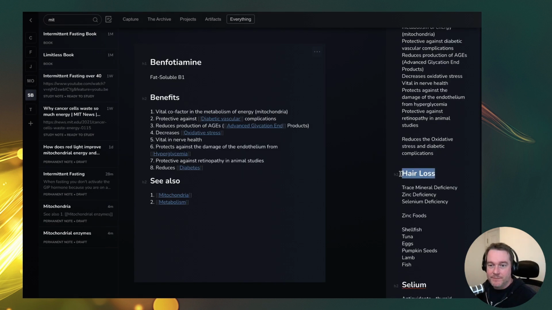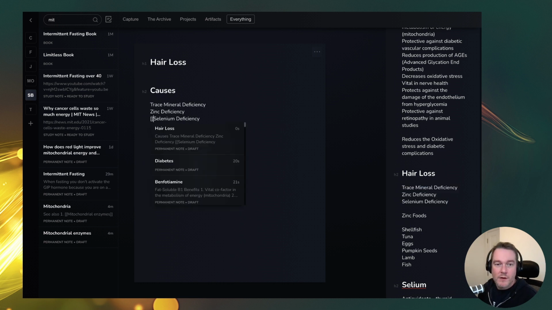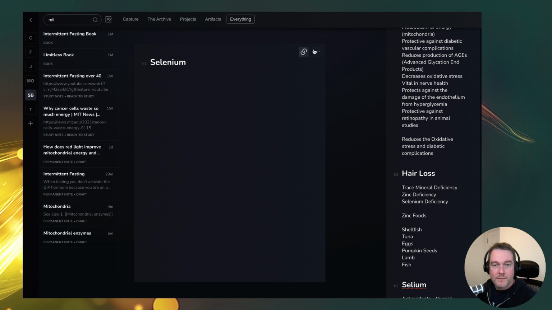Hair loss. Here we go. Let's create a new top level, causes. These things. We can bring out selenium, zinc.